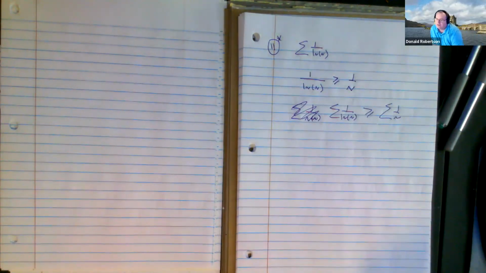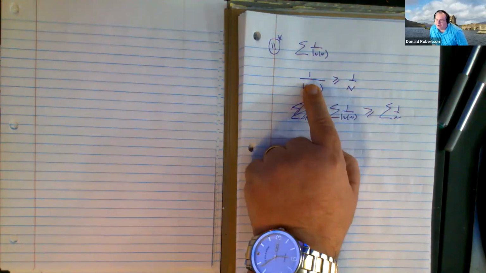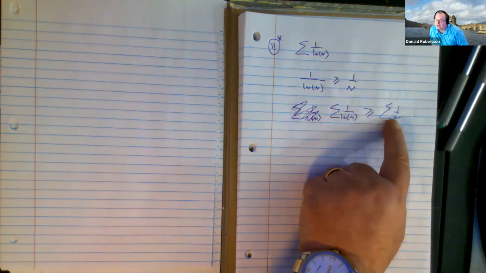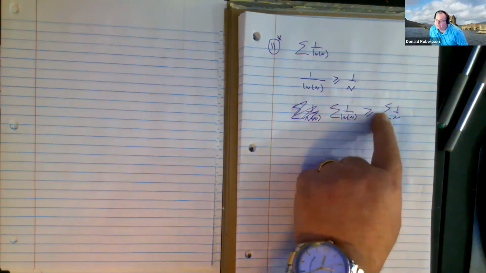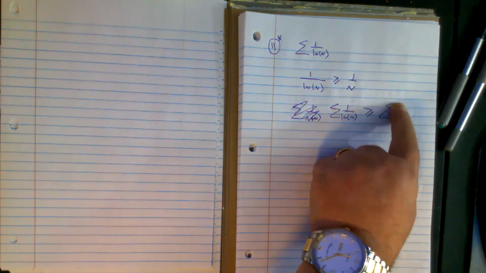Would you agree? If you add all these up for n, you'll add up these. This is bigger than that. What do you know about this fella? Do you recognize 1 over n? What do you know about him?